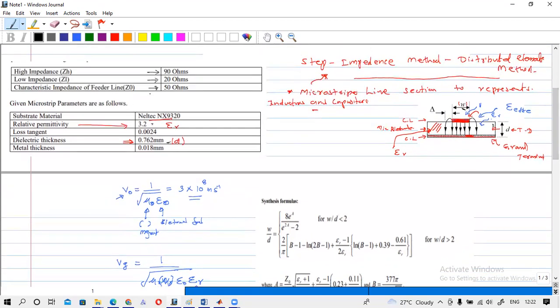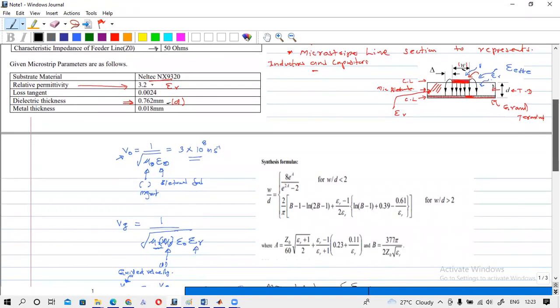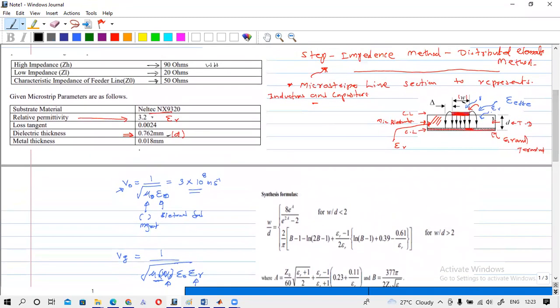So you can first calculate the width for the high impedance line, let's say WH. To calculate WH, you are given epsilon r and the high impedance value.